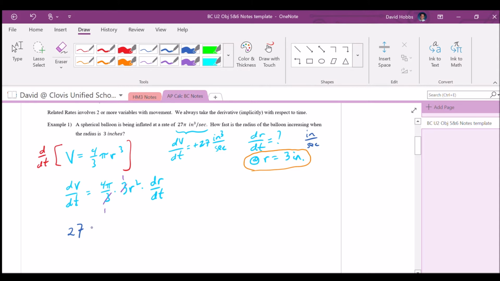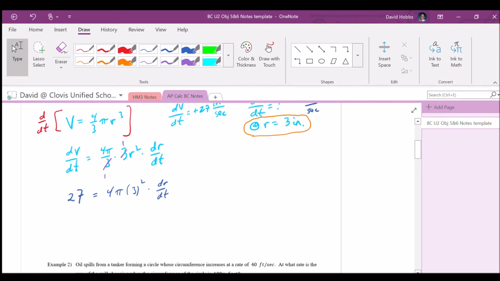So 27 equals 4 pi r squared, but this is now an instantaneous equation, so we're going to plug in the 3. So 4 pi times 3 squared times dr dt. Now notice the only thing we don't know is dr dt, and that's what we're trying to find out when the radius is 3 inches, so we plugged in the 3 for the radius. Let's finish it off. Really we're just dividing here. dr dt is 27 over 4 pi times 9.